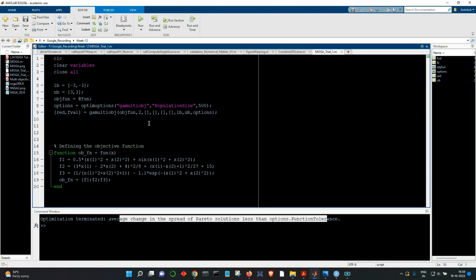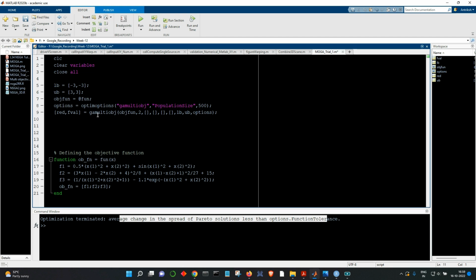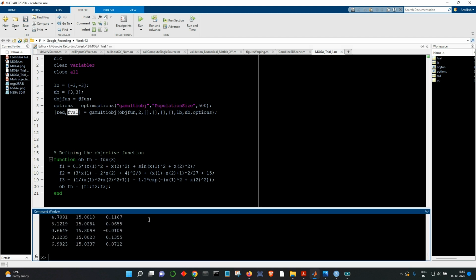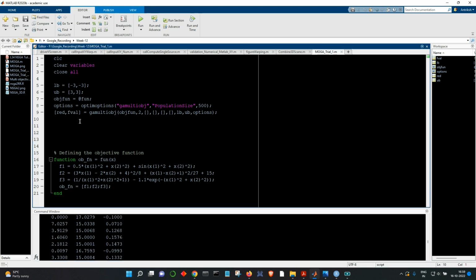Okay, so now let's see what do we have. So we want to plot the Pareto front. That means we want to plot a line in the solution objective function space. So it will be stored in FL. Let's see what is there in FL. We have 3 columns, so we can use scatter3 in MATLAB. No need to import anything.